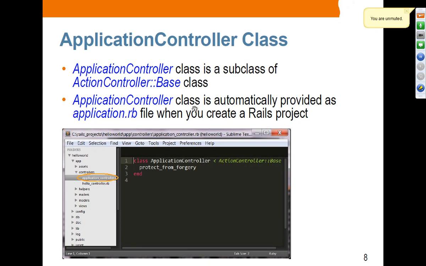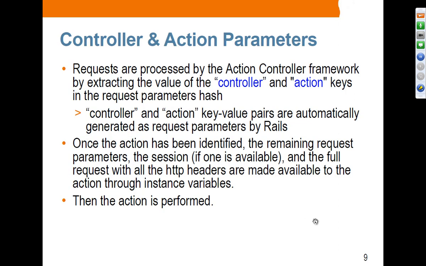And the ApplicationController class is automatically provided in the application_controller.rb file right here when you create a Rails project. And controller and action parameters.